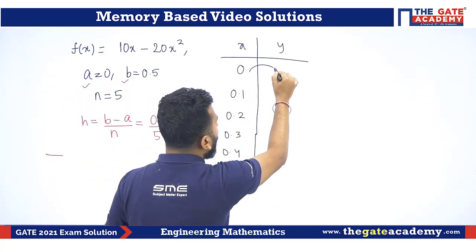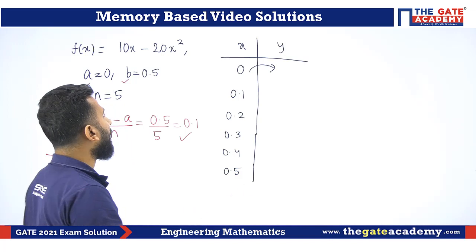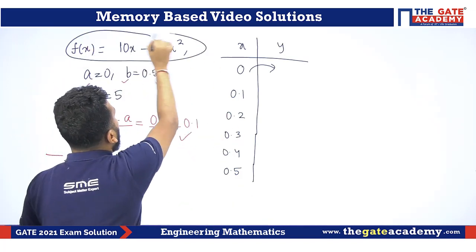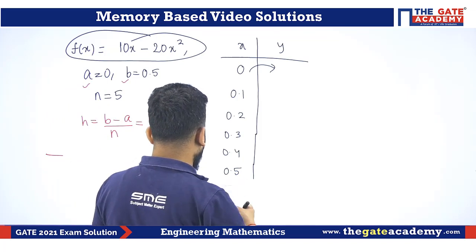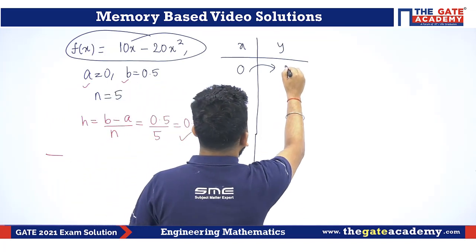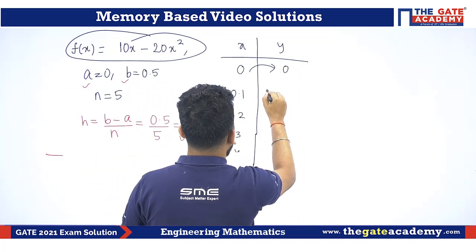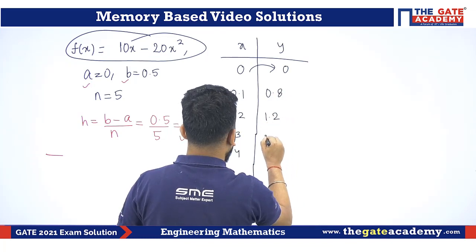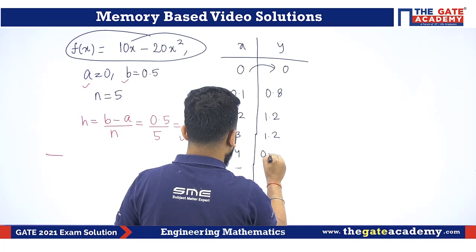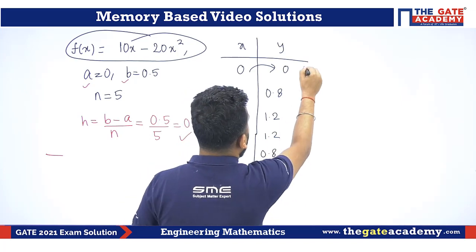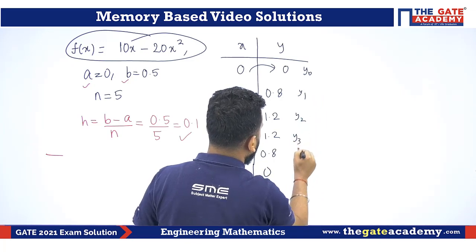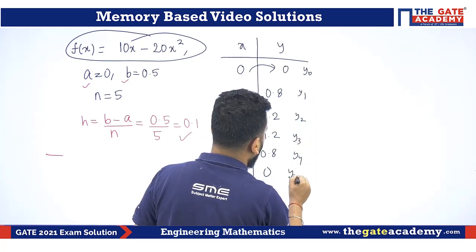Now the corresponding y values you need to calculate, by putting all these values in this function. I have calculated this, and the values that I got are 0, 0.8, 1.2, 1.2, 0.8, and 0. This is y0, y1, y2, y3, y4, and y5.